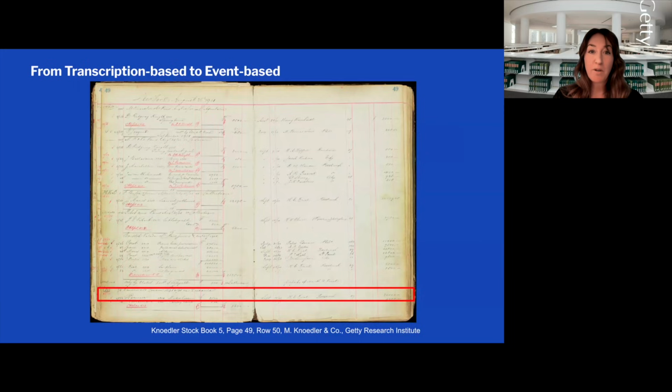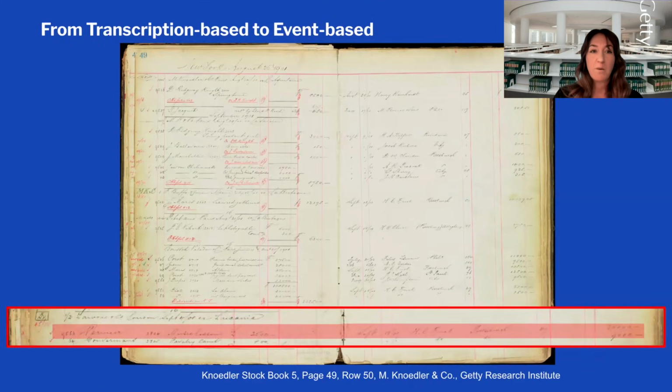The dealership Knoedler & Co. recorded these transactions in their stock book. This one is held at the GRI and is transcribed into the GPI records, book 4, page 49, row 50, which shows, and I here highlight in red, might be a little difficult to read, on the left side, their purchase from Lorry & Co. on September 4th, 1901, the painting by Vermeer, entitled in this book's Music Lesson, for £2,500, and in pencil, which is really difficult to read in the original, from the collection of Lewis Fry, Esquire, MP.